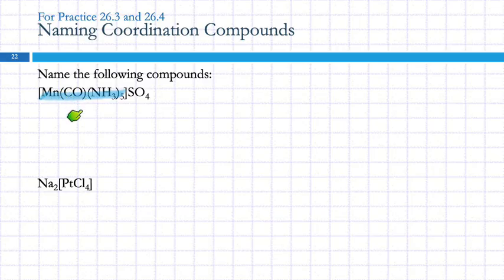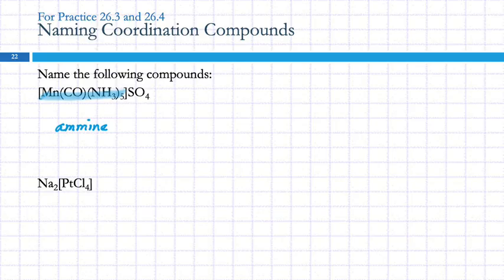So which comes first in the alphabet, A for amine or C for carbonyl? A, thank you. So we've got amine. How many? There's 5.